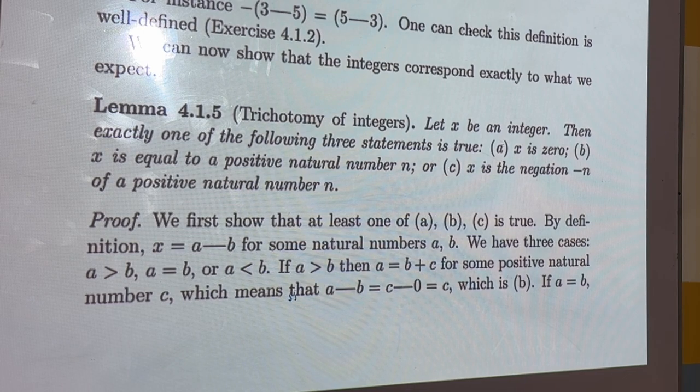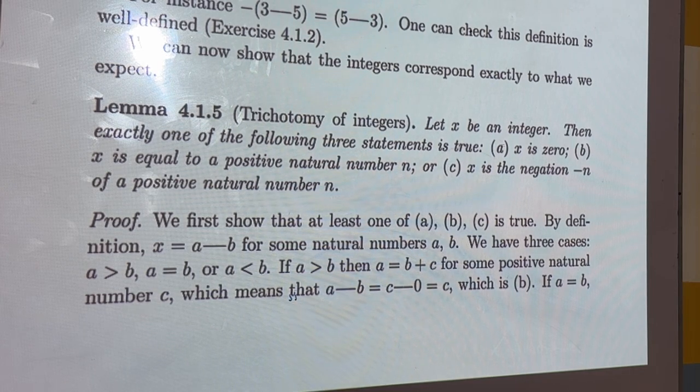First we show that at least one of A, B, C is true. We have done this sort of thing. At most one of them is also true, no? We want to say exactly one is going to happen: either x is 0, or x is equal to a positive natural number n, or x is the negation minus n of a positive natural number. By definition, x is equal to a minus b for some natural numbers a, b.